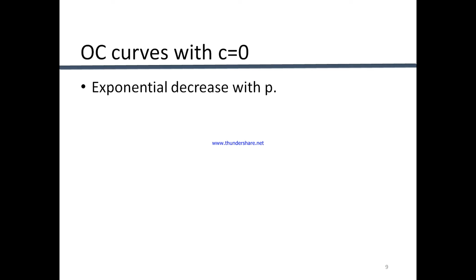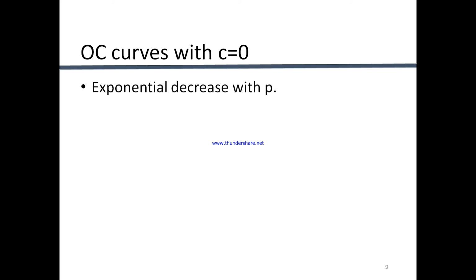Because of that, when you draw the OC curve with C value equal to 0, you will see an exponential decrease with P, the percentage of defectives. When the percentage of defectives is very high, accepting a lot with zero defectives is very rare, so the probability is very low.